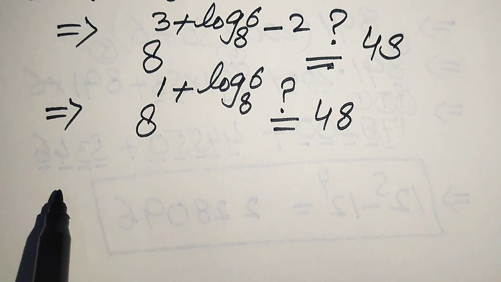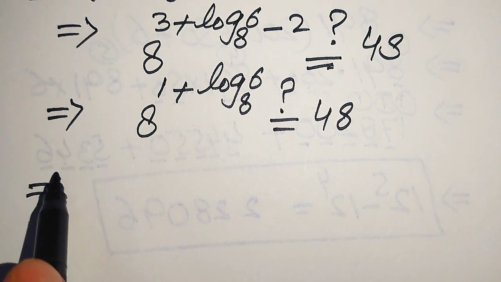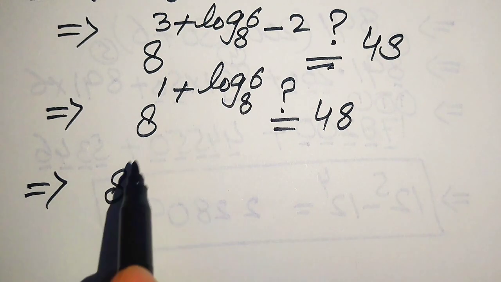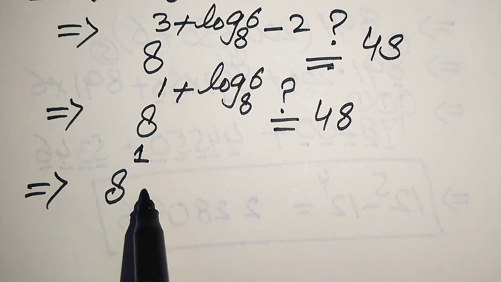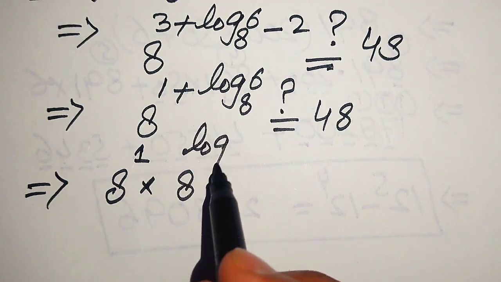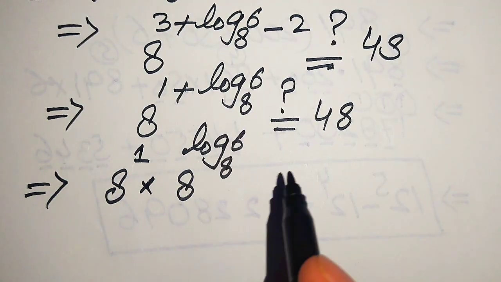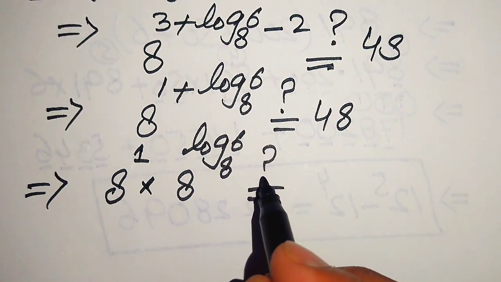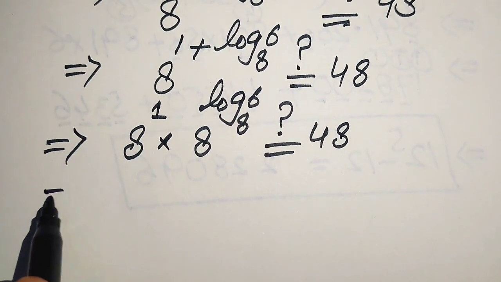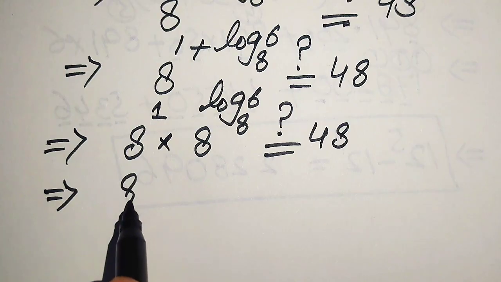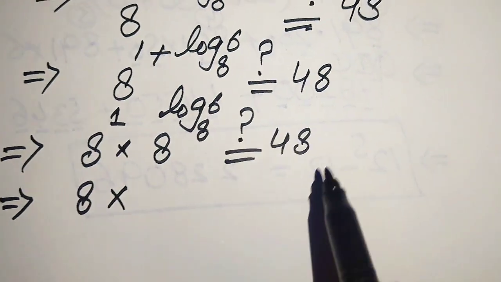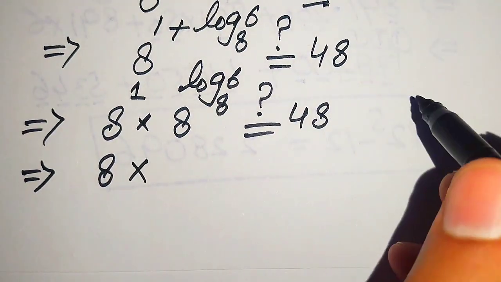So now we again break this exponent, and we write it as 8 to the power of 1 multiplied by 8 to the power of log of 6 with base 8, and we check whether this equals 48 or not. Further in the next step we have 8 to the power of 1 equals 8, and it is multiplied by, here we apply another property of log.